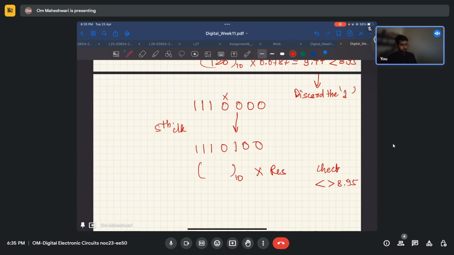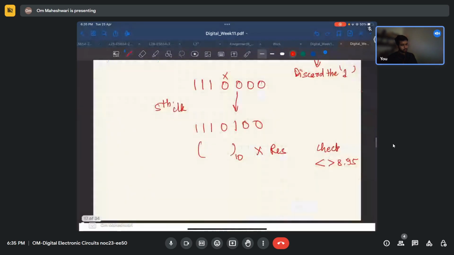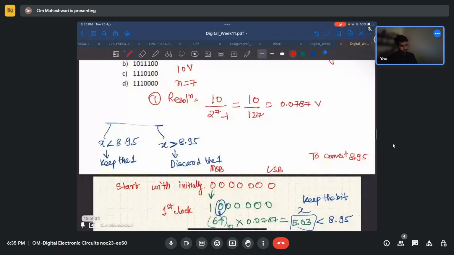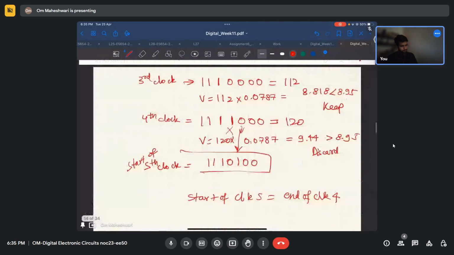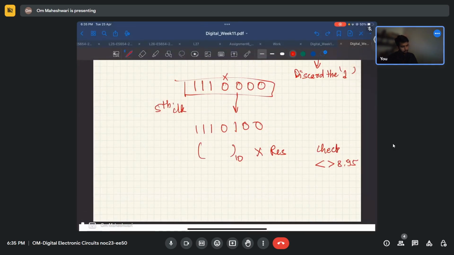Okay, so the question had asked at the start of the fifth clock pulse. So at the start of the fifth clock pulse, I have this. So this is my answer.